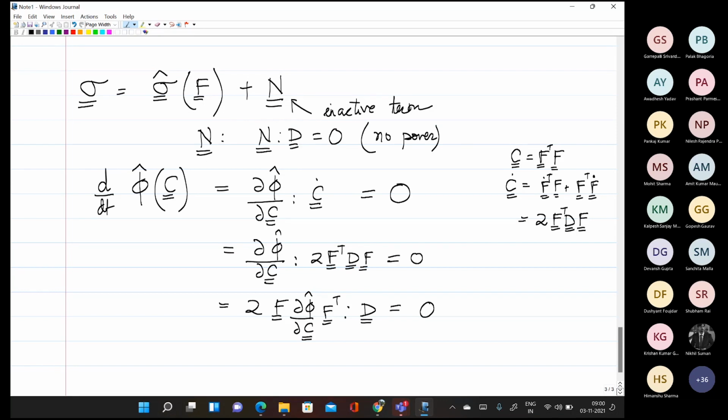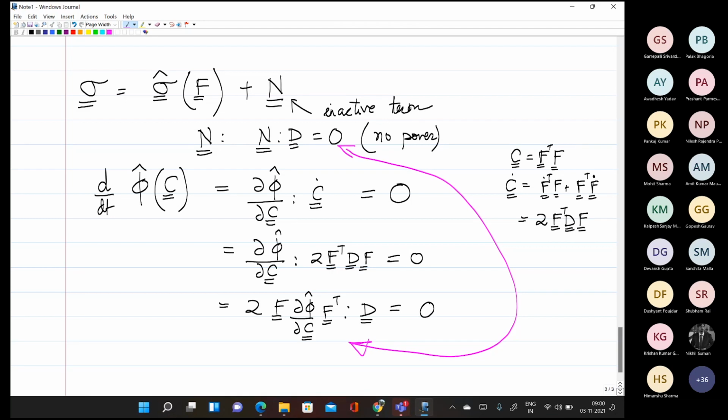So this is also equal to 0. Okay, and if I now compare these two, can you see that N when double contracted with D is equal to 0?